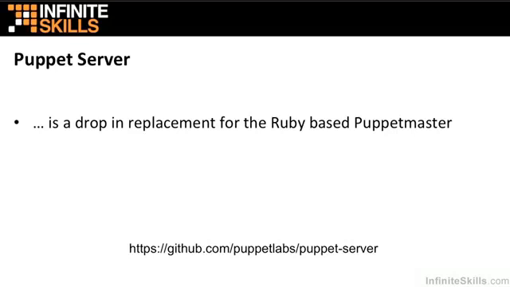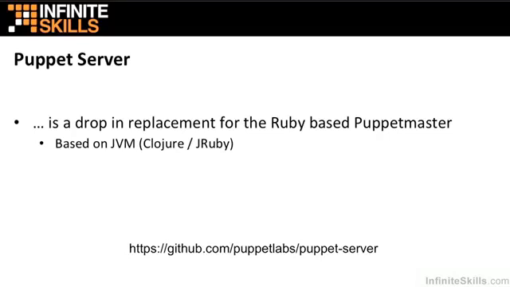The Puppet Master is being deprecated in favor of a product called Puppet Server. The Puppet Server is geared to be a drop-in replacement for the Ruby-based Puppet Master. The big difference in the Puppet Server is that the Puppet Server is based on a technology stack that uses the Java Virtual Machine.